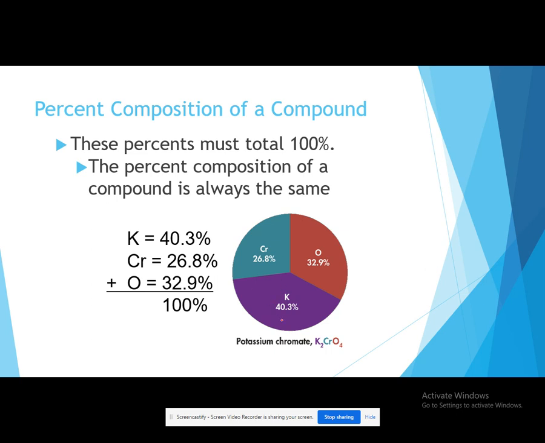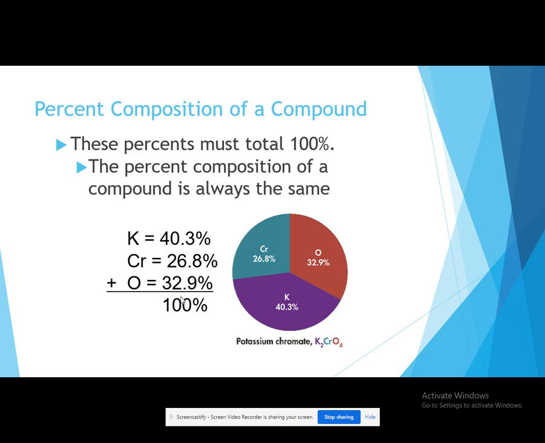Of that compound, 40.3% of that mass comes from potassium, 26.8% of the mass comes from chromium, and another 32.9% come from oxygen. Now, of course, since these are percents, they're going to equal up to 100. So that's another thing to keep in your head.